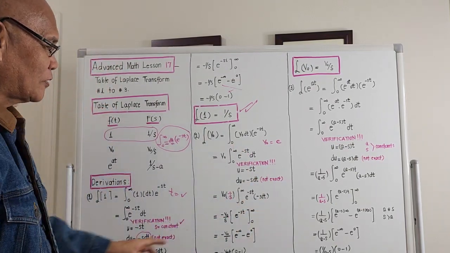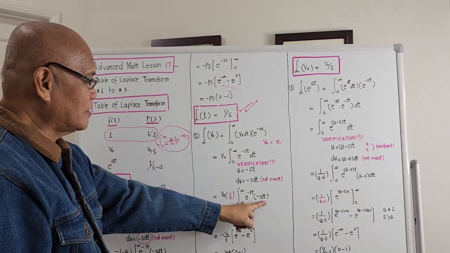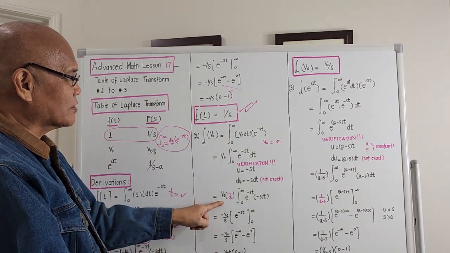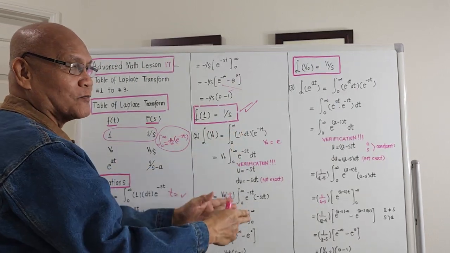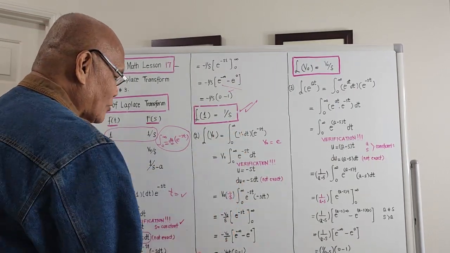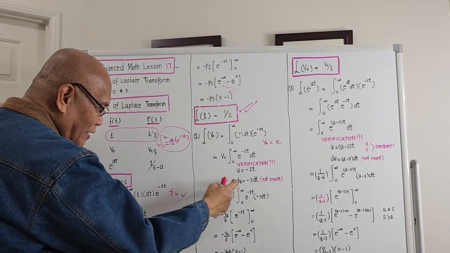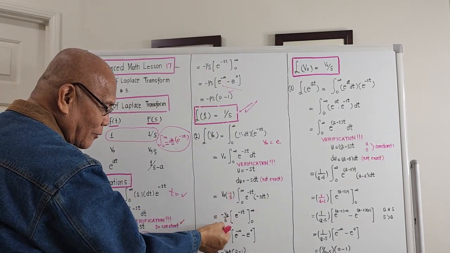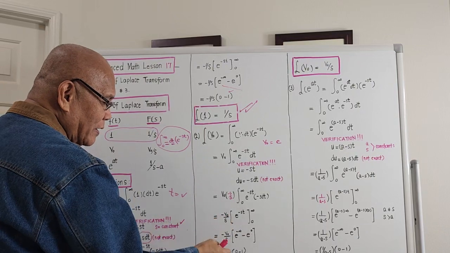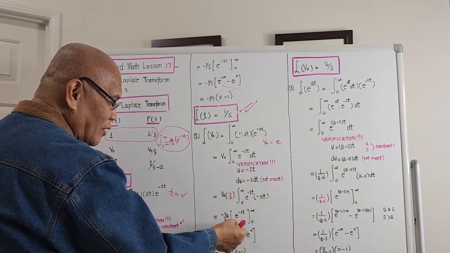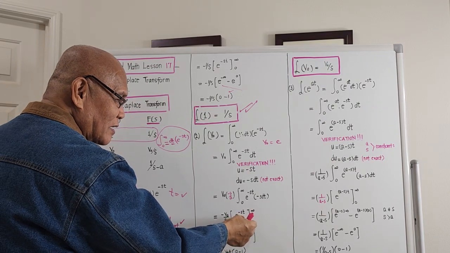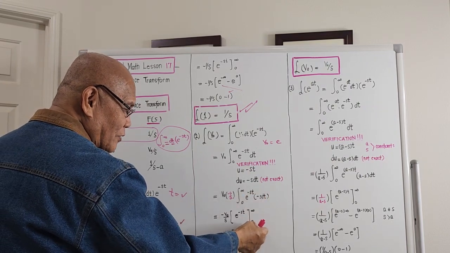After placing this as a negative s dt and placing outside negative 1 over s, this now falls under the integral of e to the u du, and it will just be simply e to the u, right? So this will now be V sub 0 times negative 1, which is negative V sub 0 over s, open bracket, the integral of this falls under e to the u, so this will be e raised to minus st, close bracket, with the limit from 0 to infinity.